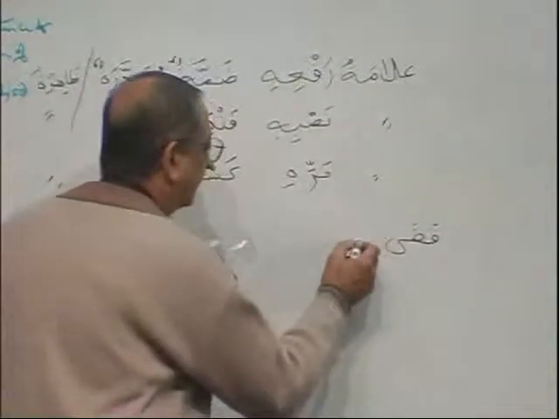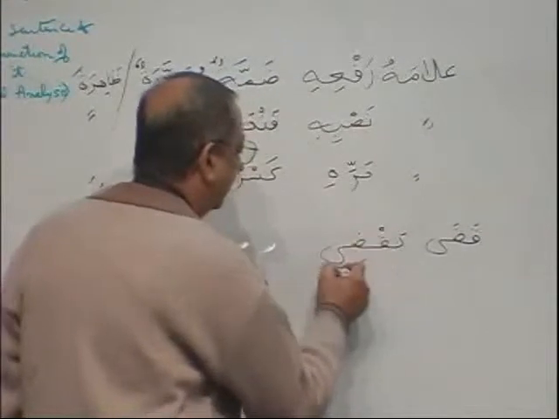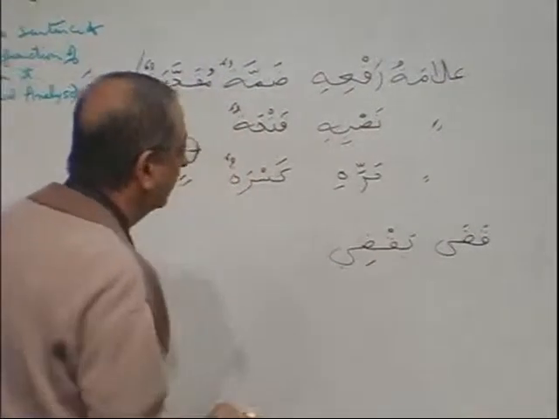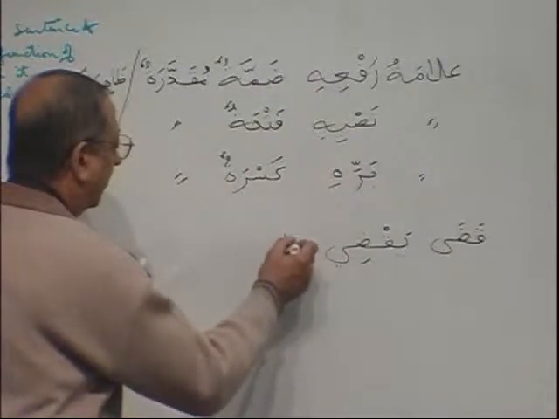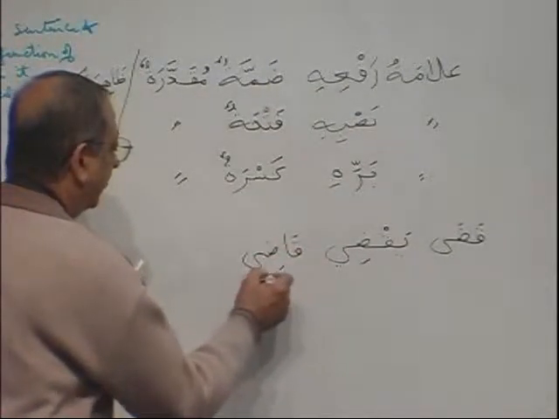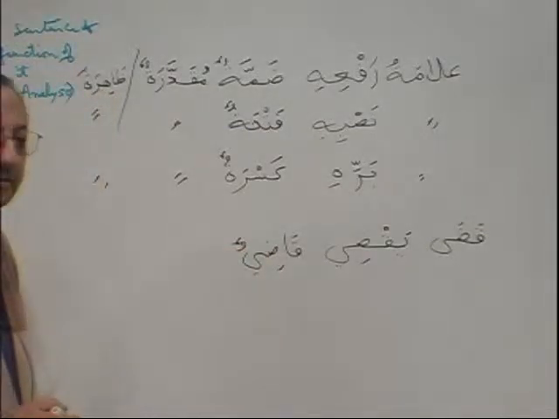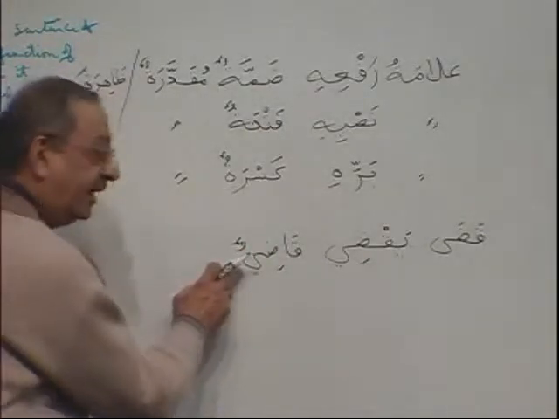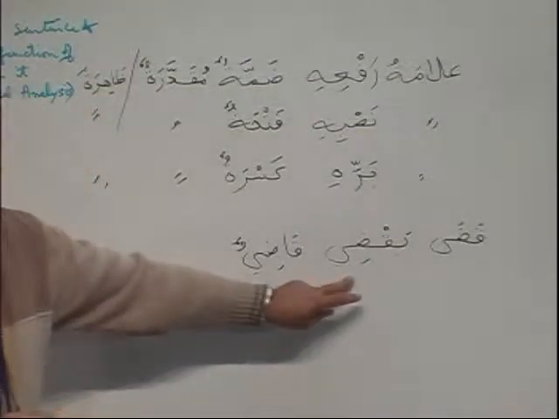Kada, yakdi, and then if we make ism fa'il, it will be kadiyun. Are you with me, brothers and sisters? Now, there is a ya at the end, which is compulsory because ya is part of the verb.